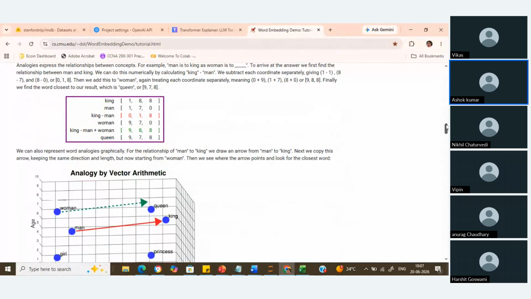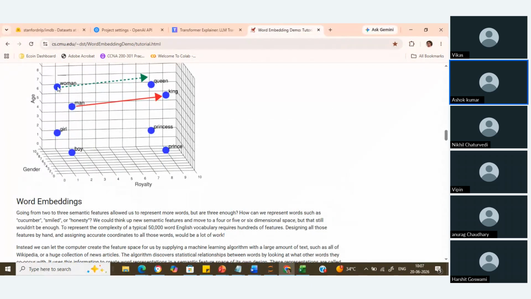The same is given over here: woman is moving towards queen, man towards king, girl is a princess, boy is a prince. Moving along the age and gender axes towards the royalty axis shows how the distance is being calculated.